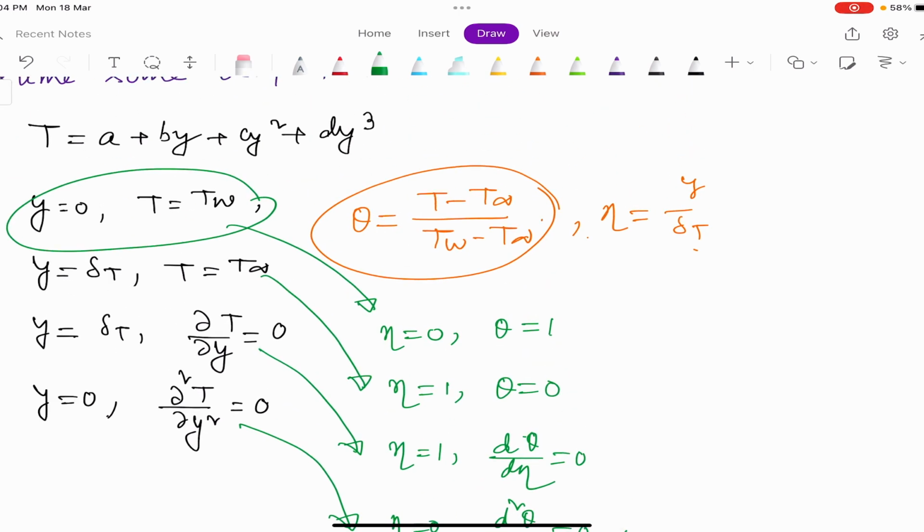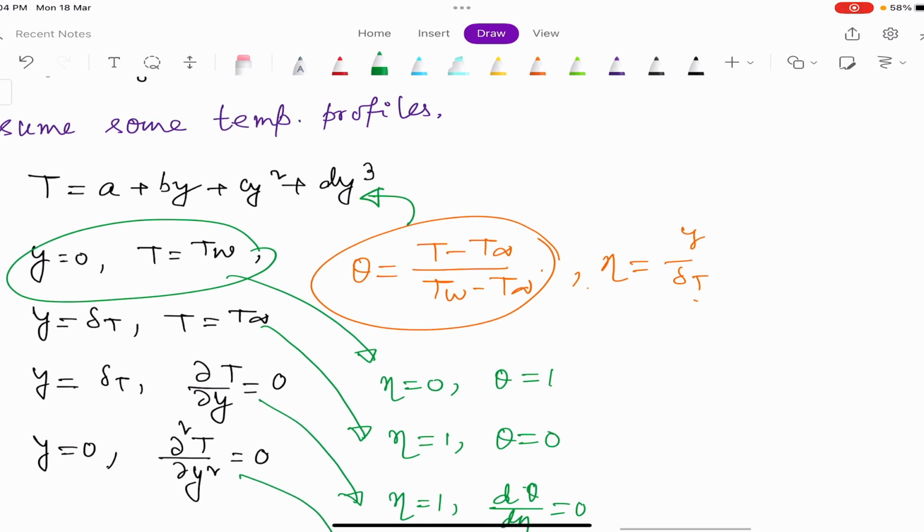And if you also put this theta in this assumed profile, then you will get theta as a function of eta.